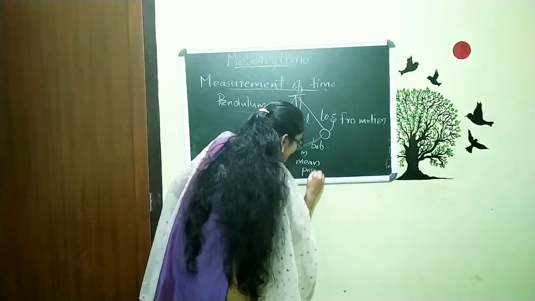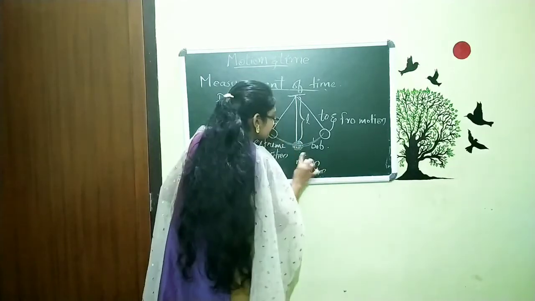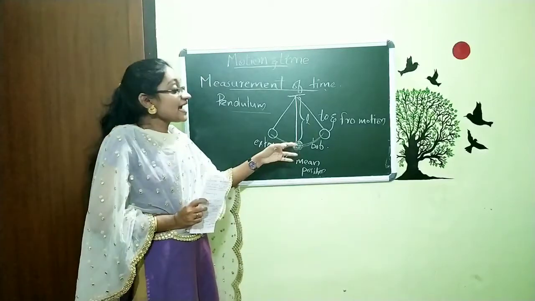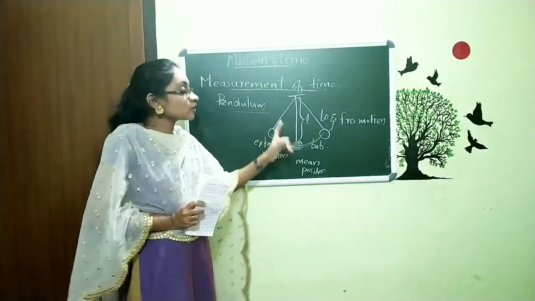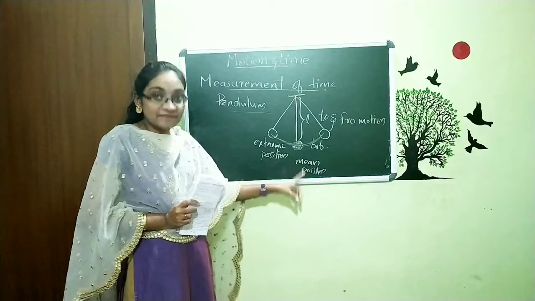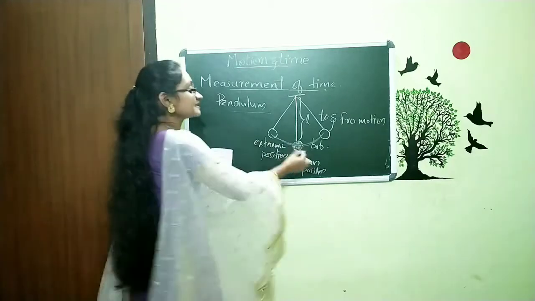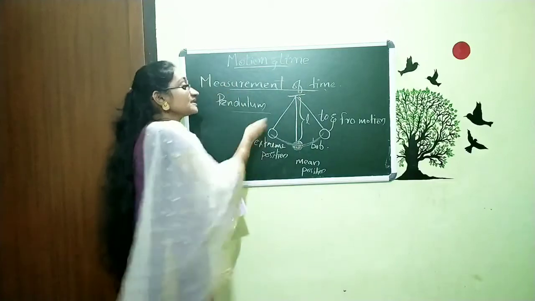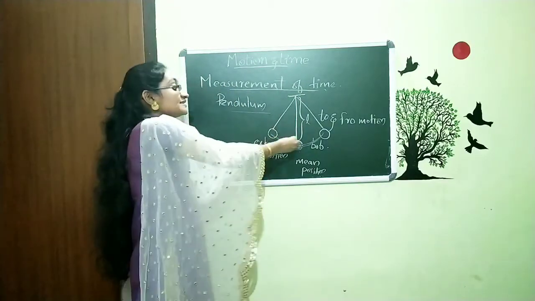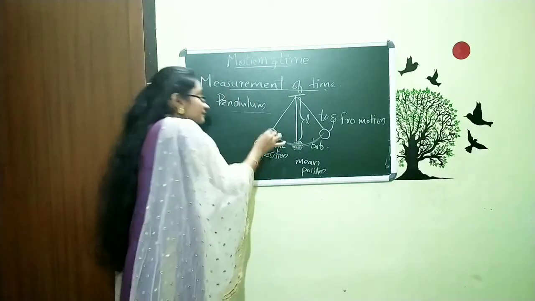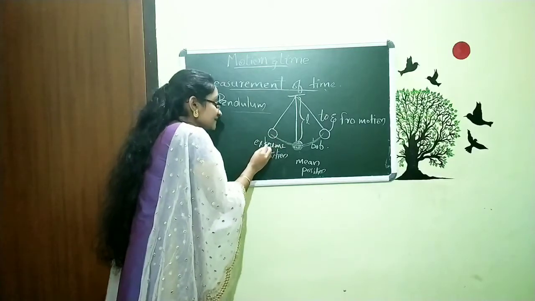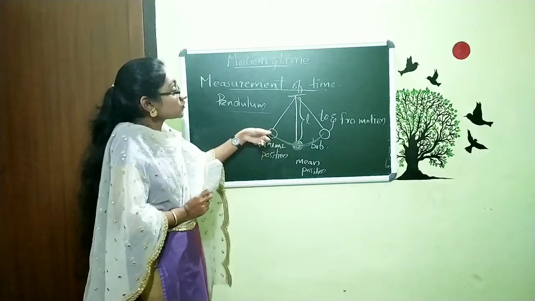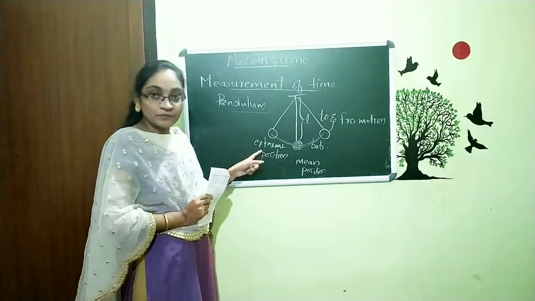Mean position. That means when there is no oscillation and when this bob is at rest, we call that position the mean position. And when I give a force on this, then it starts to oscillate. And at a particular point, it will attain the maximum height, and that height is called the extreme position. And the bob is unable to go further than this extreme position.